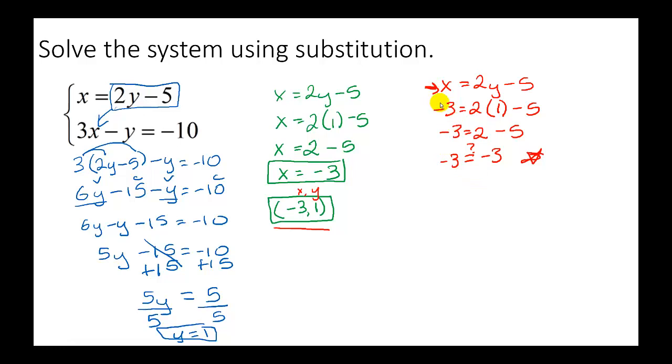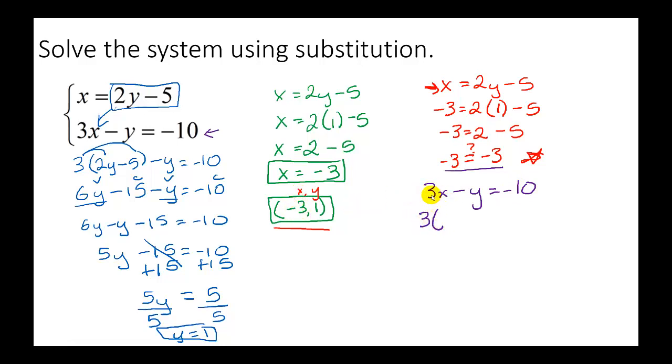Because our solution of negative 3, 1 works for our first equation, we now need to check the second equation. If we have 3x minus y is equal to negative 10, we're going to take our x value of negative 3 and plug it in place.